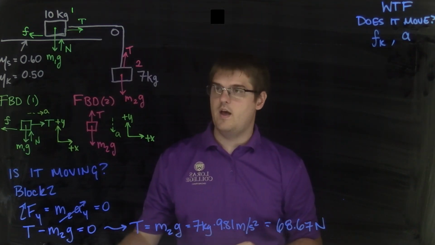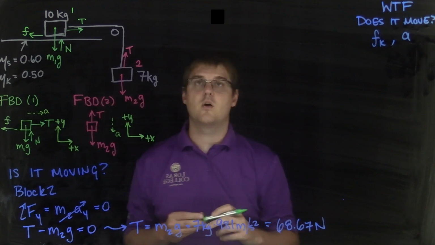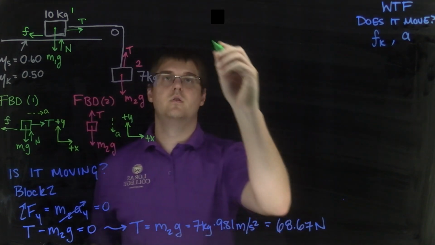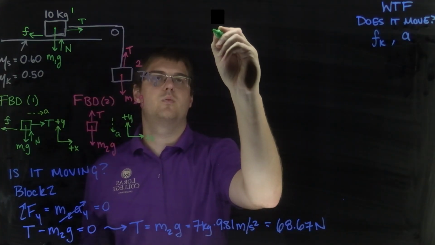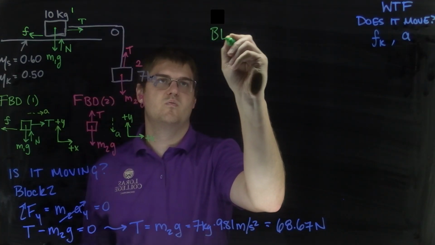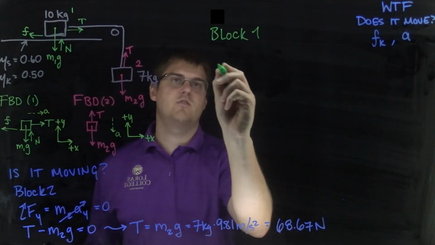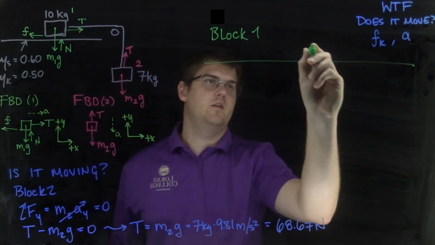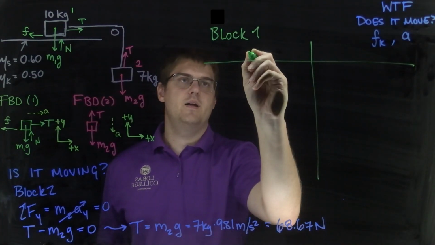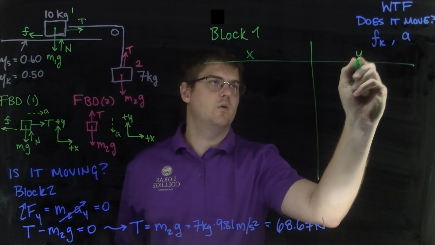We're going to go ahead and switch, and talk about block 1, our main block in this problem. For block 1, we're going to have to break this into my x and y axes.